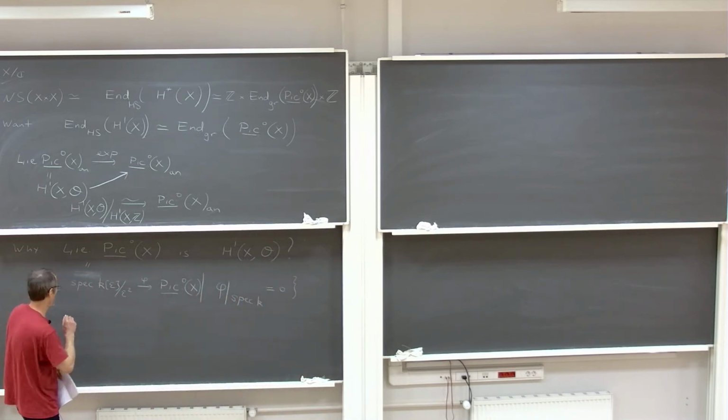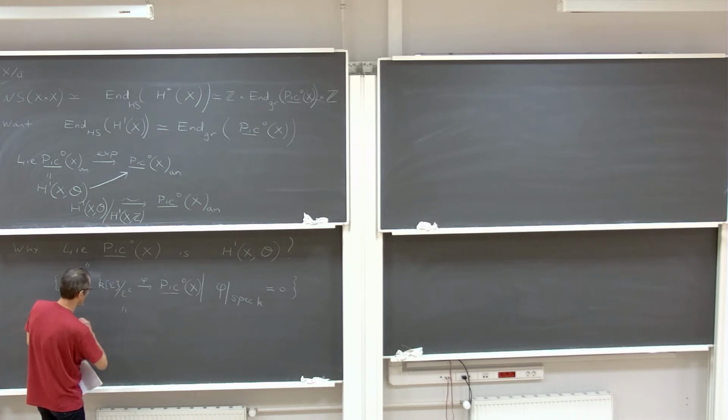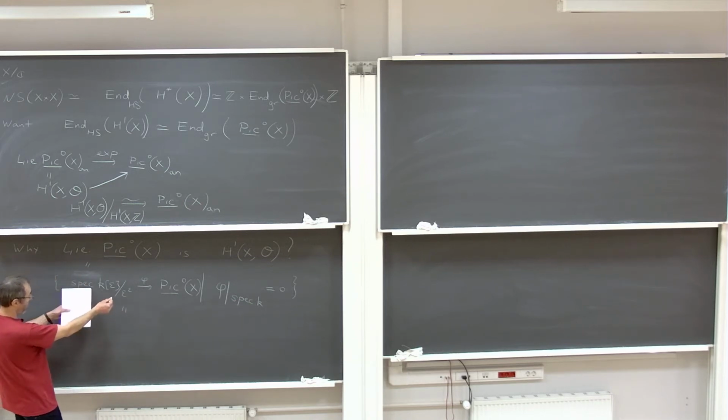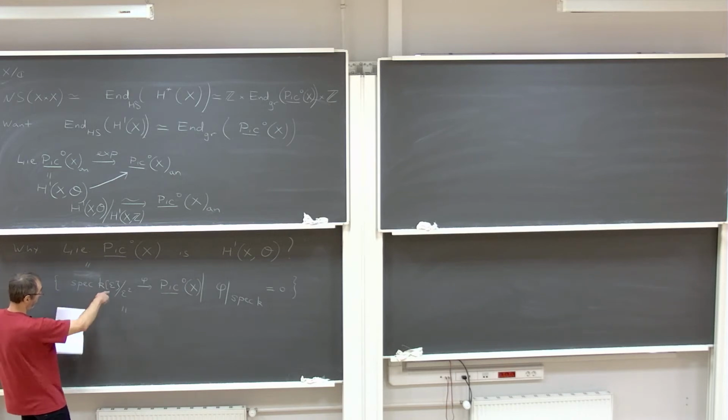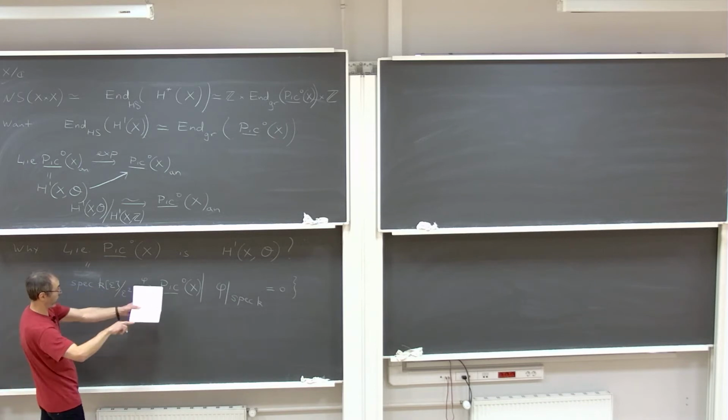Now, what is this? What are maps from a scheme to the Picard scheme?